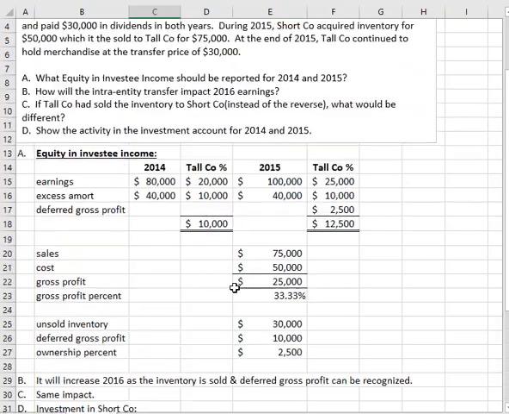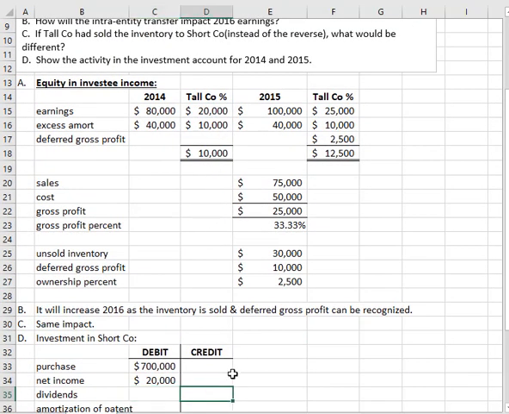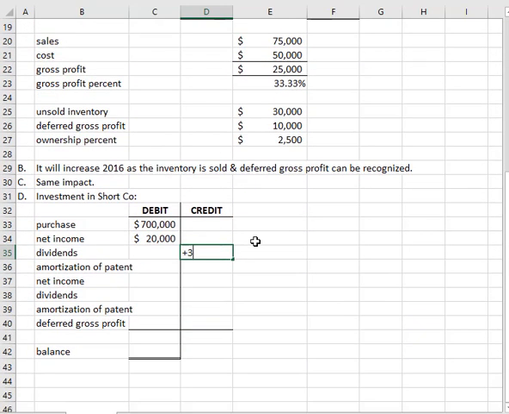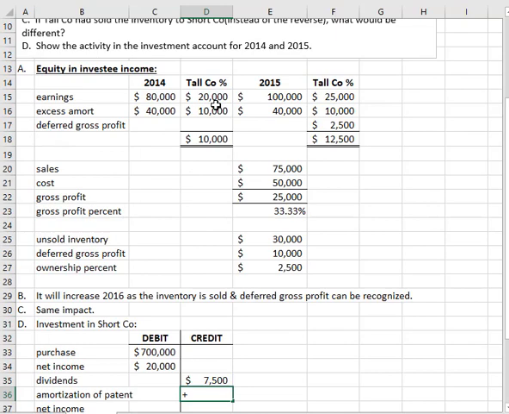Your percent of net income, we already calculated that. All right, dividends. The dividends up here, $30,000 in both years, and we get 25% of it. And then the amortization of the patent, which we already know about.